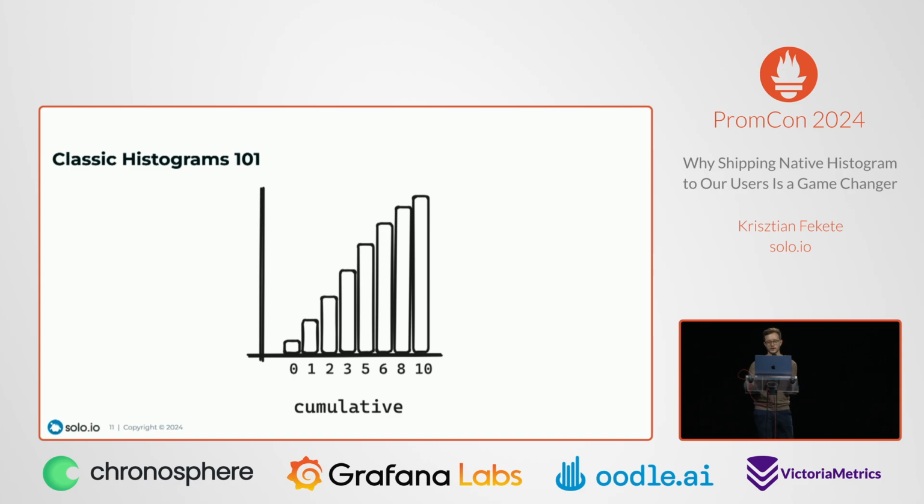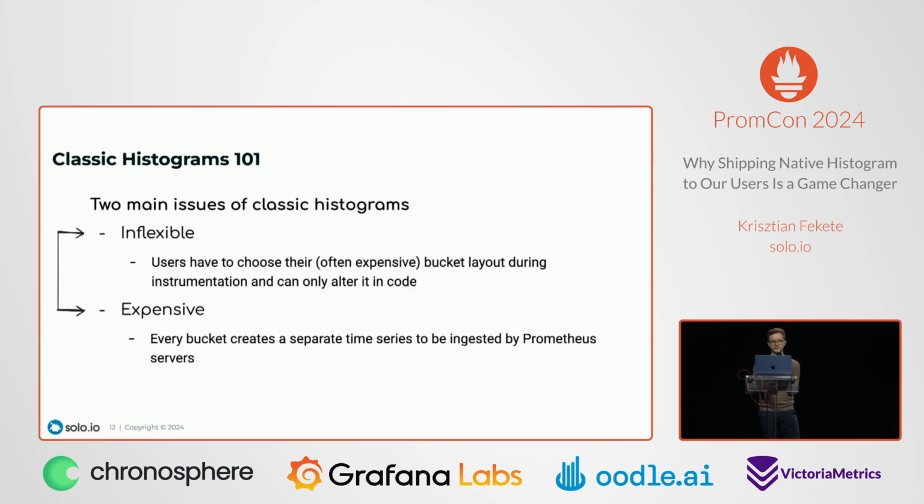That had some benefits with the classic histograms, mainly due to operational and cardinality issues. So that's one of the problems that native histograms will solve. So the two main problems are inflexibility. You have to choose your bucket layout beforehand.